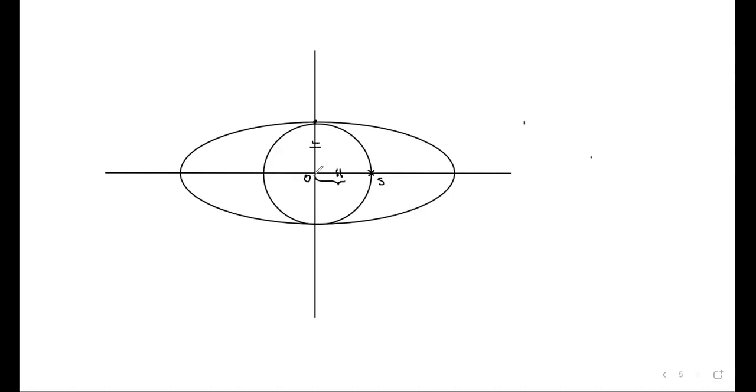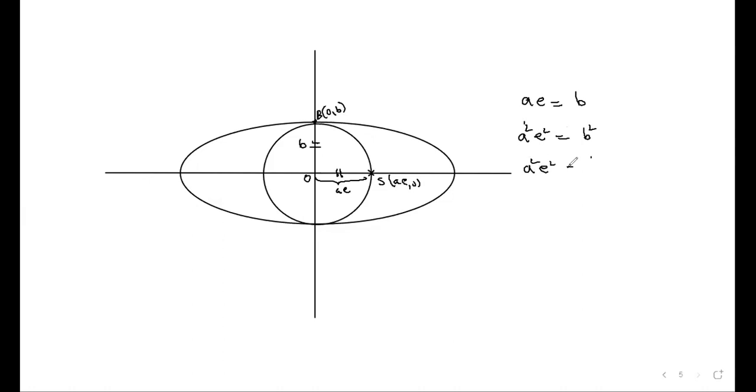So how much is this distance? AE. This is 0 comma b, right? So what is this distance? AE will be equal to B. Fine. So A square E square equals B square.